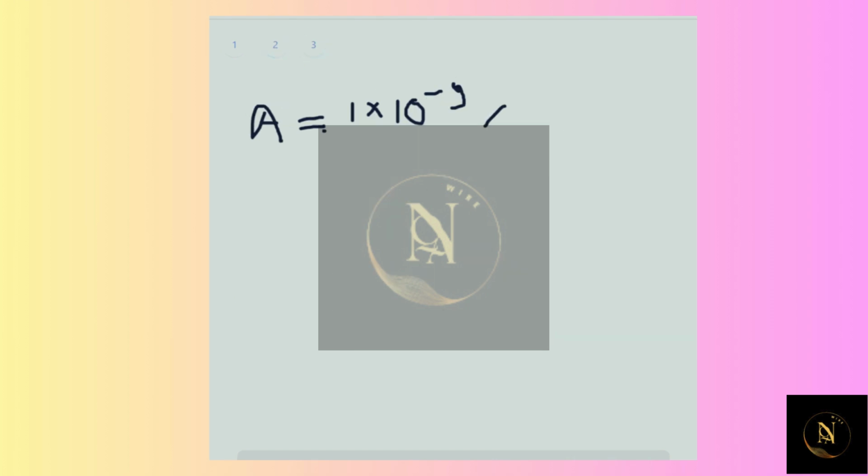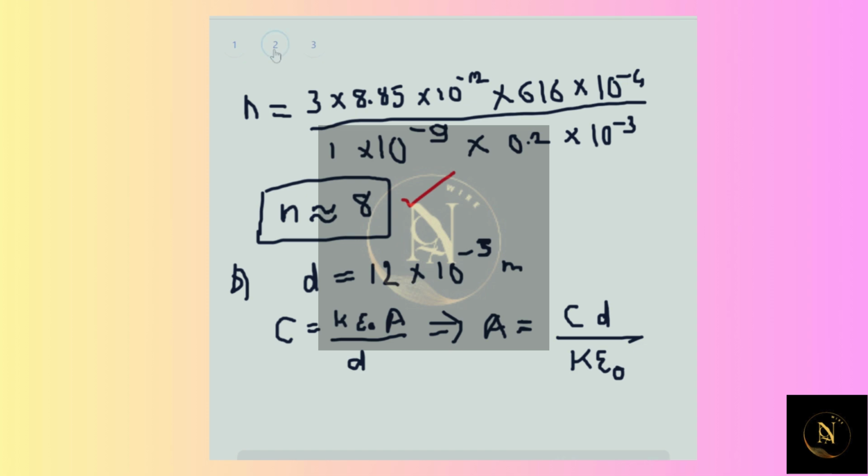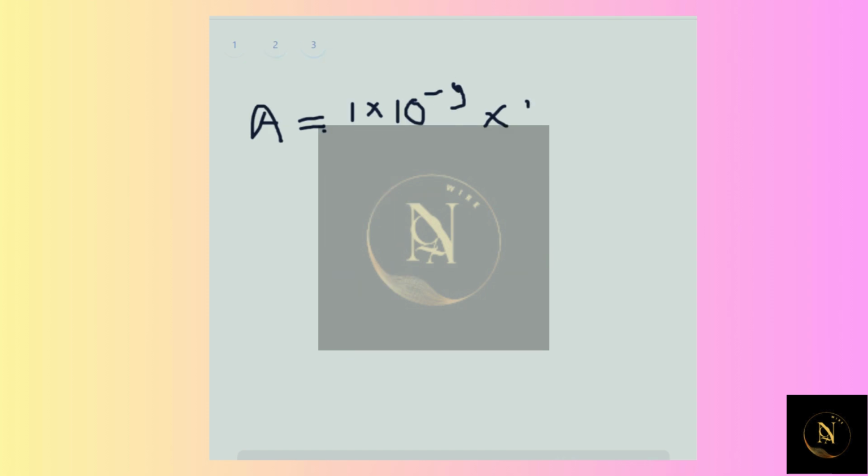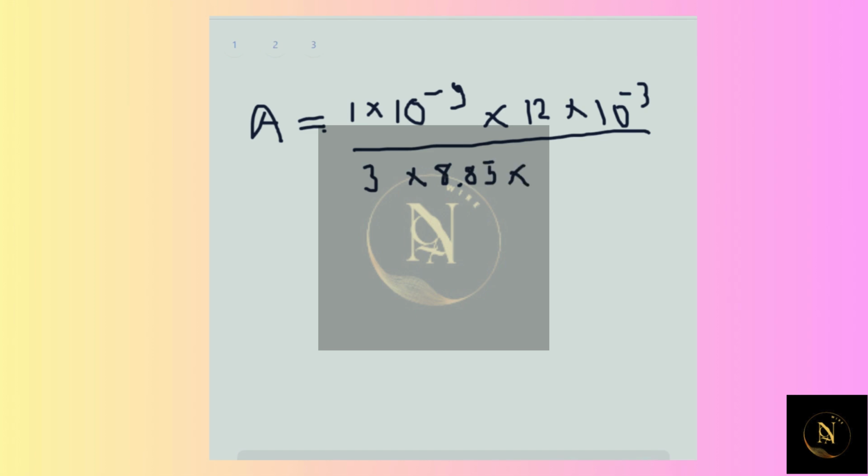The D, the thickness, is given to be 12 mm or 12 times 10 raised to negative 3, divided by K. K is 3 itself, times epsilon naught. Epsilon naught is 8.85 times 10 raised to negative 12.